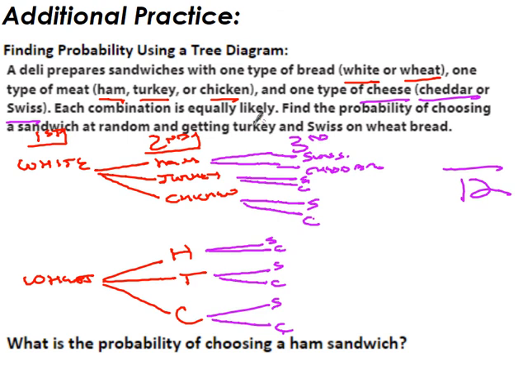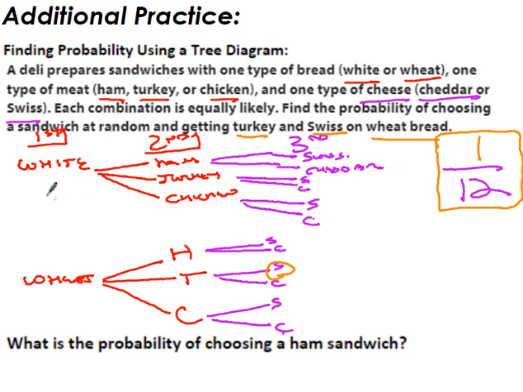If I want to know the probability of picking a sandwich at random and getting turkey and Swiss on wheat bread, that would be wheat bread, turkey, Swiss cheese. That is this sandwich right here. Wheat bread, turkey, Swiss. That is 1 out of 12 to randomly select that sandwich. So there's 12 possible combinations.